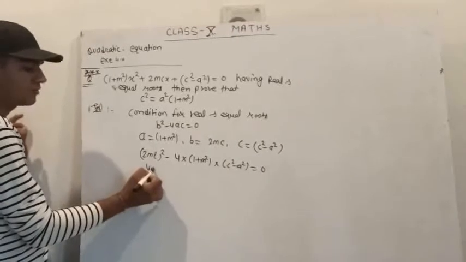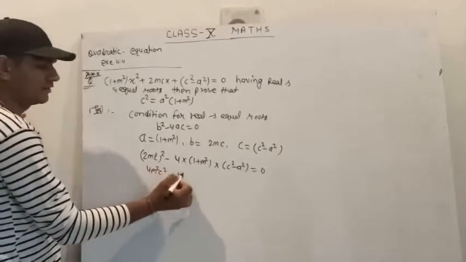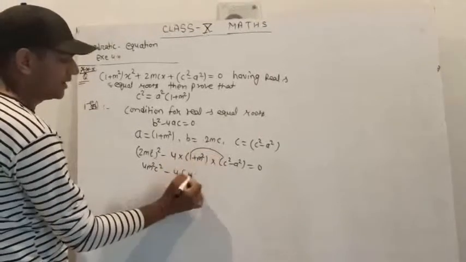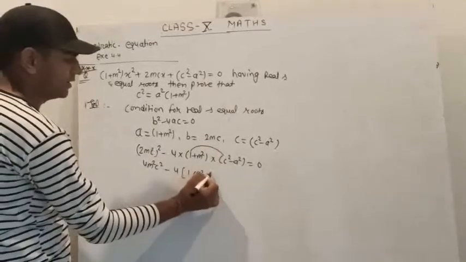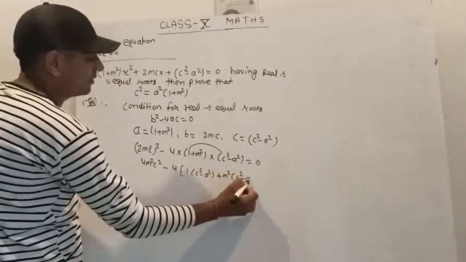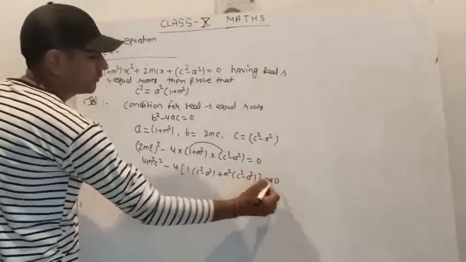Now 4 m square c square minus 4 into (1 multiply whole bracket c square minus a square plus m square also multiply c square minus a square) equals to 0.